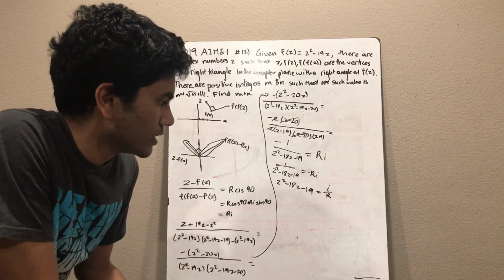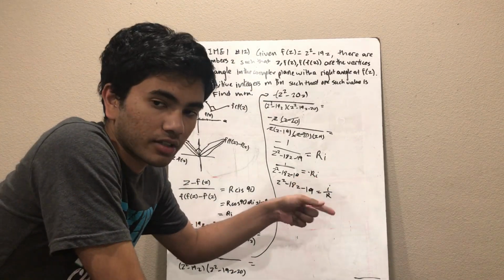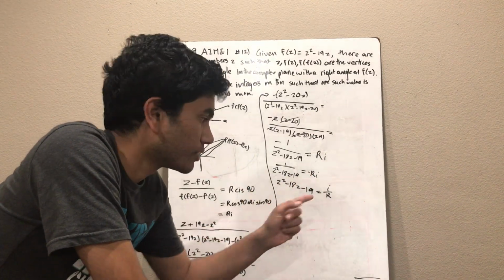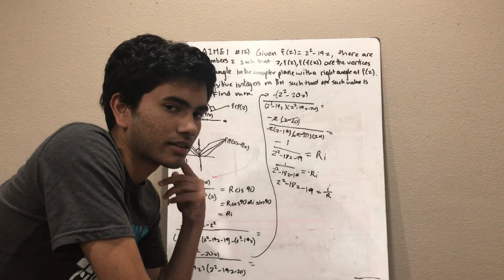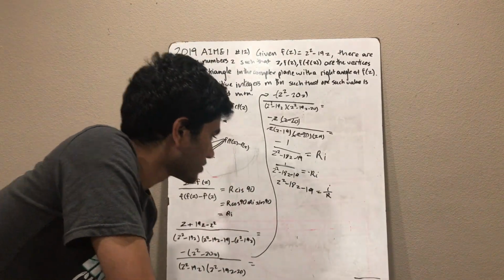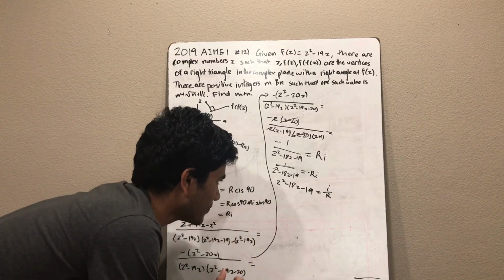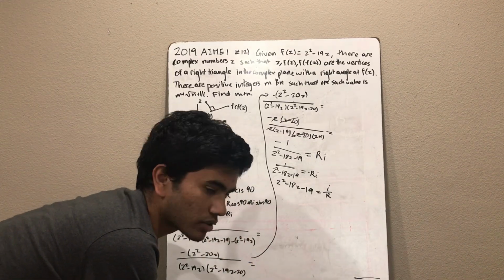This was just a quick mental calculation that I did to calculate the reciprocal. You can verify it by quickly multiplying those out, and you'll see that they multiply out to 1. So what we have here is z squared minus 18z minus 19 has 0 real component, again.